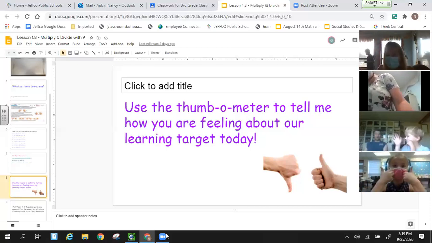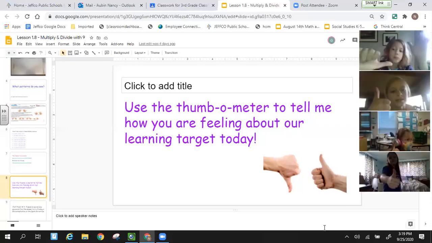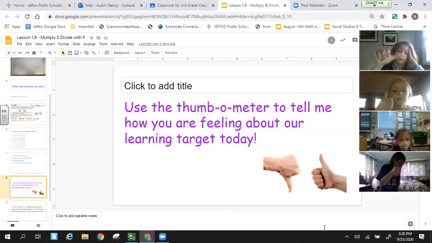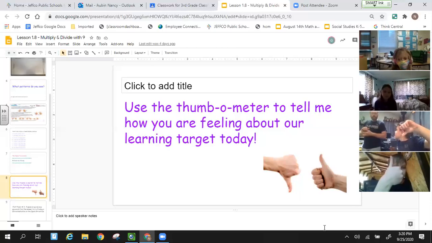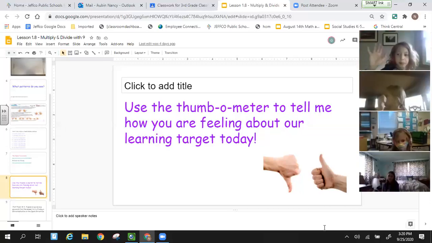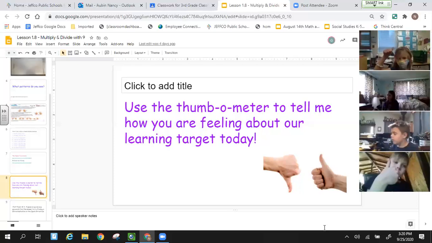Reese looks good. Gavin, you need a little more nines work? Okay, Gavin. I see you. Ben, you need a little more nines work? I see you. Thank you, Ben. I'm just going to do it for the people who aren't quite getting it.